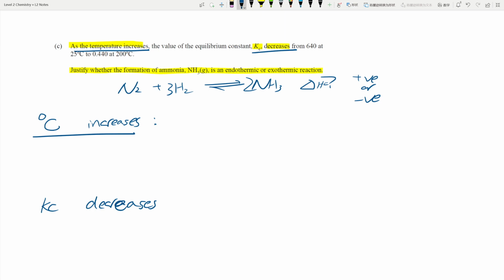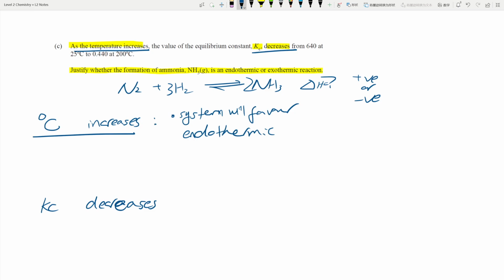When you have an equilibrium system and you increase temperature, how does the system react? The system will favor endothermic. And again, if you're confused, detailed explanation in my previous video.